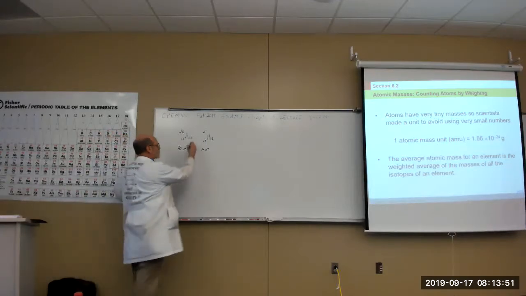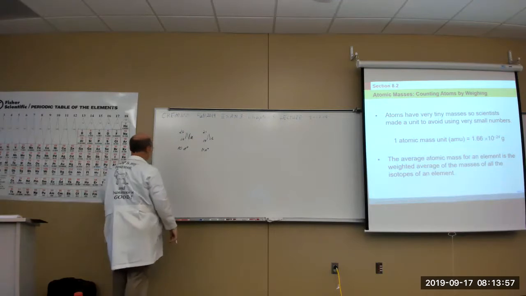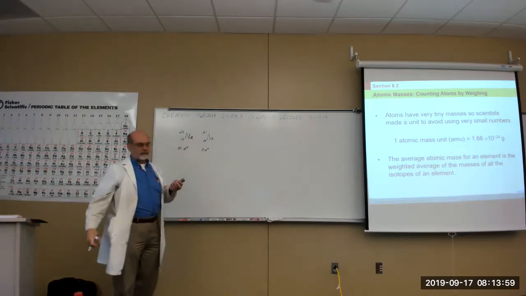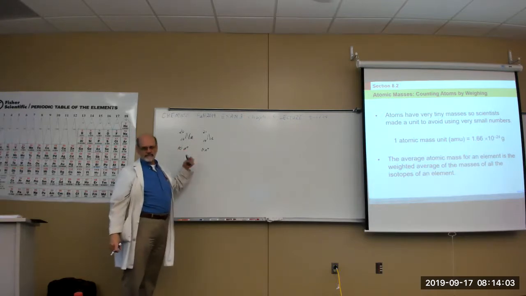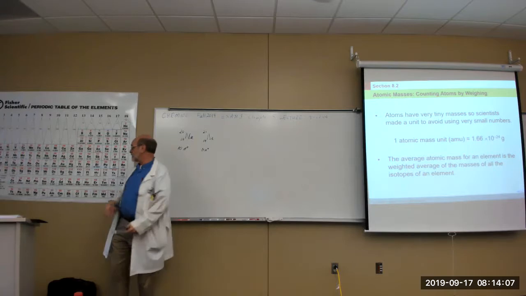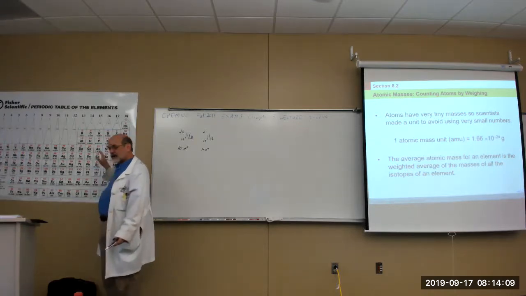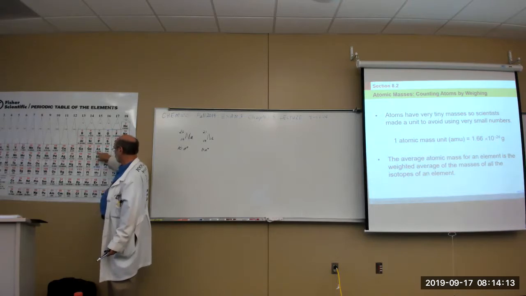But the naturally occurring abundance of these isotopes varies with each of the elements. It's different for each one. Some of them have almost exclusively one isotope and just a smidgen of another isotope. In those cases, the value will be very close to a whole number, like this one, arsenic.